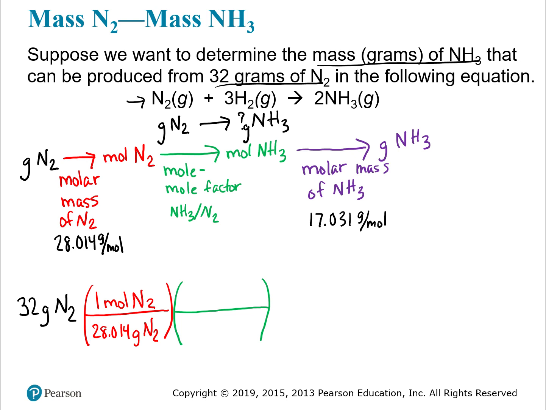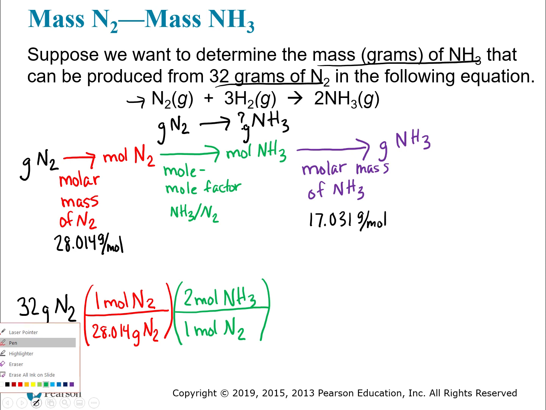Close. We need to flip that over. You want the 2 moles of ammonia in the top and the 1 mole of nitrogen gas in the bottom, because we're trying to cancel out the nitrogen gas and be left with moles of NH3.